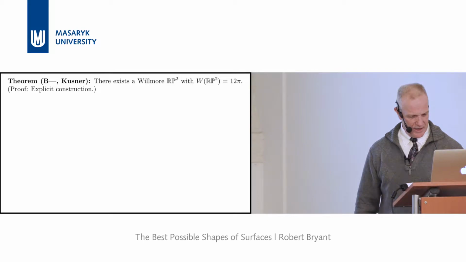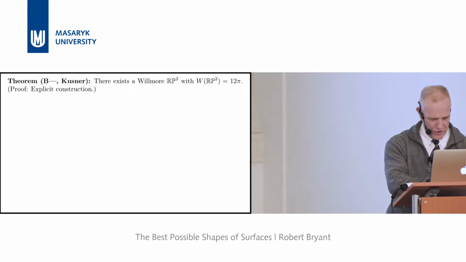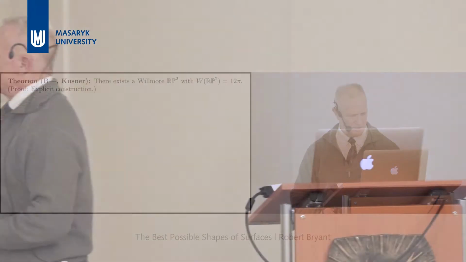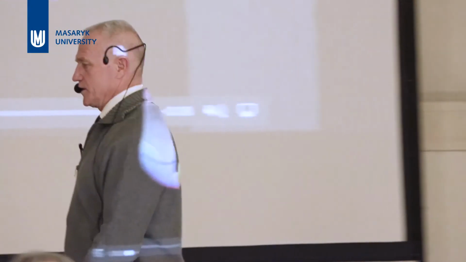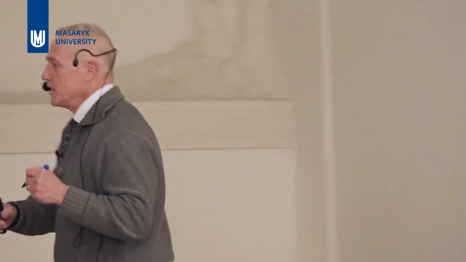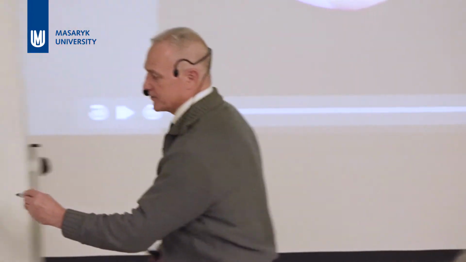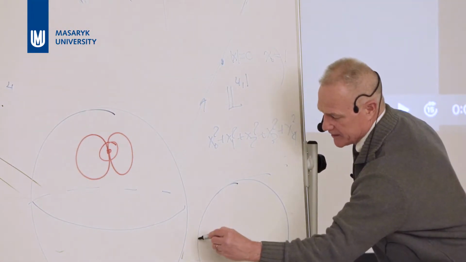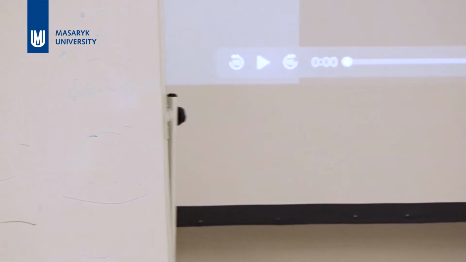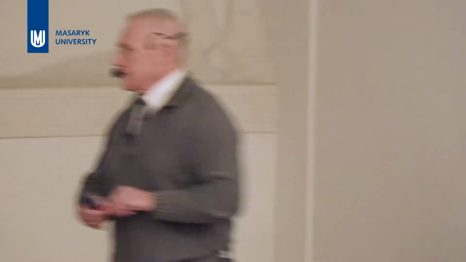Let me show you a picture. If you make RP2 by dividing the sphere by the antipodal map, it's hard to visualize what that looks like, but you can do the following thing.